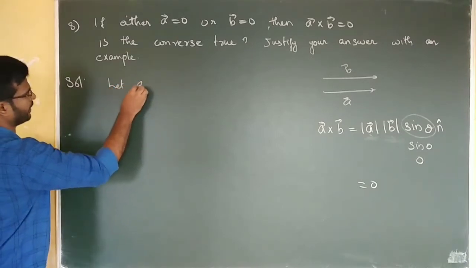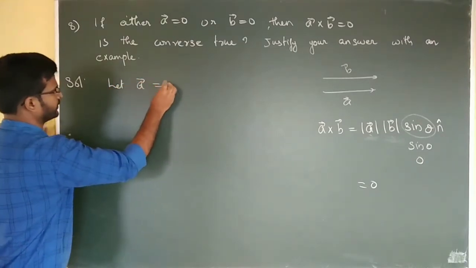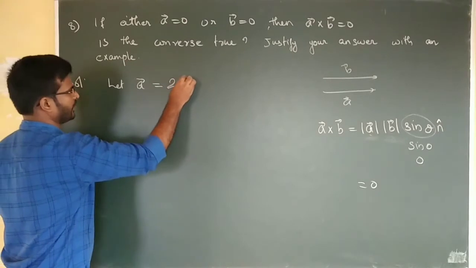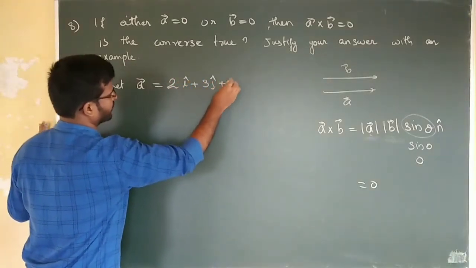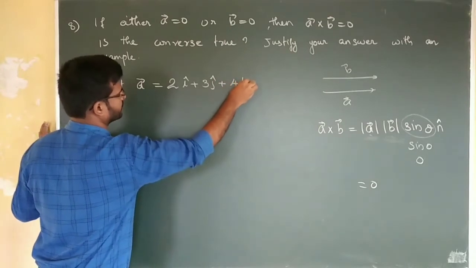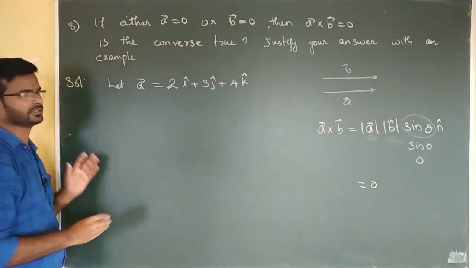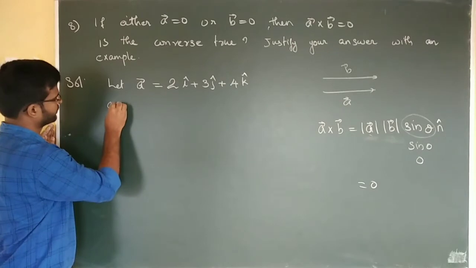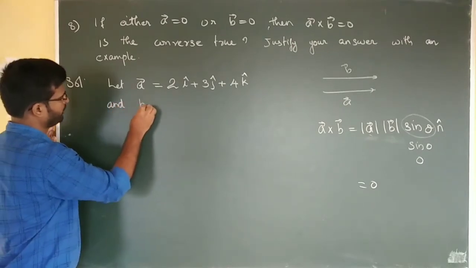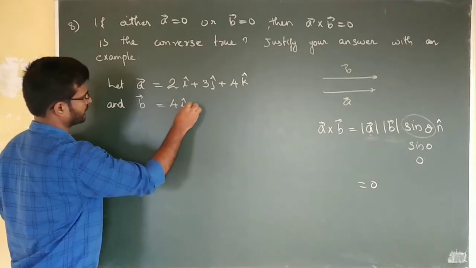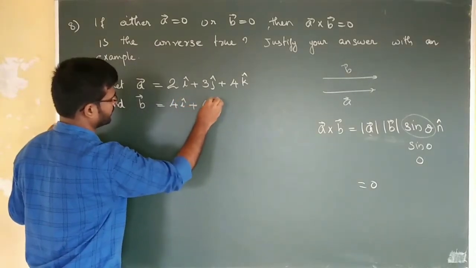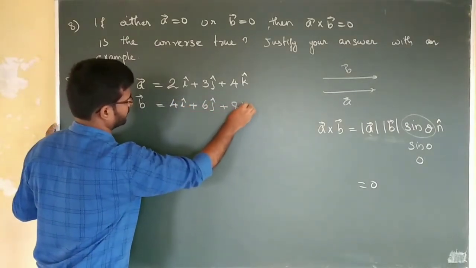Let a vector equal 2i, 3j, 4k. I took this as the first vector, and b vector equal 4i, 6j, 8k.